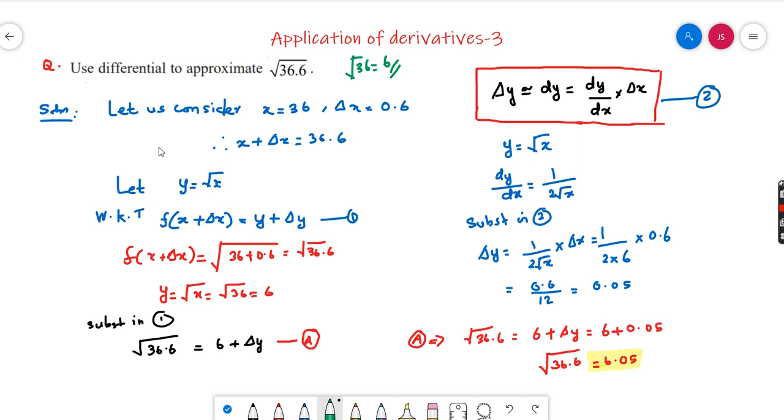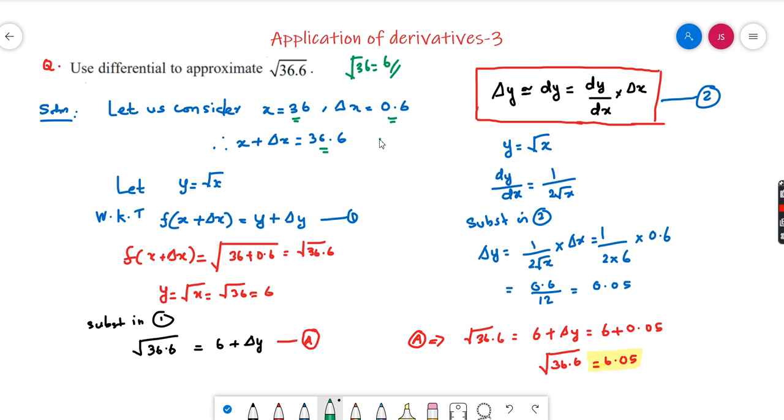For that, let us consider like this. Let us take x is equal to 36, that is a known value, and delta x is equal to 0.6. If you add these two, x plus delta x will give you 36.6.